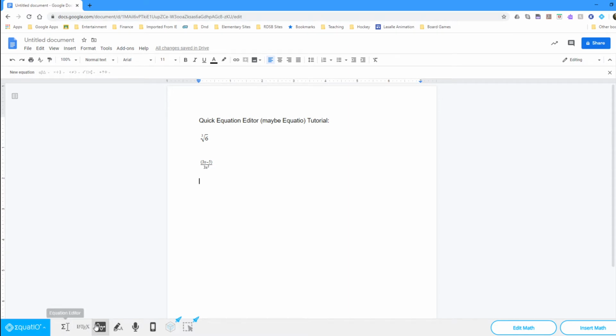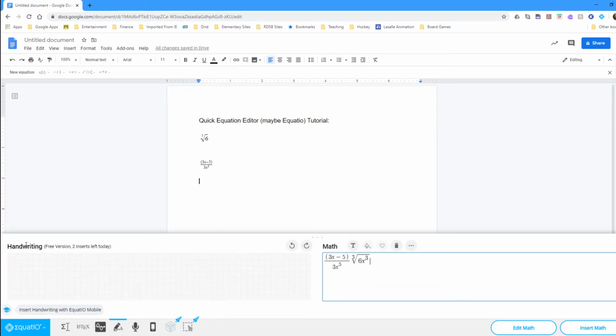Now, the reason I'm mentioning that is because of this functionality here. Handwriting recognition is pretty cool. Let me delete this formula here that I had typed in. And now you'll notice, because it's the free version, that I only have 2 free inserts. If you have the premium version, you can do as many as you want. But what's nice about the handwriting thing is, let's say you're working on your phone and you wanted to input an equation. If you use your finger, I'm using my mouse, so it won't be very nice.